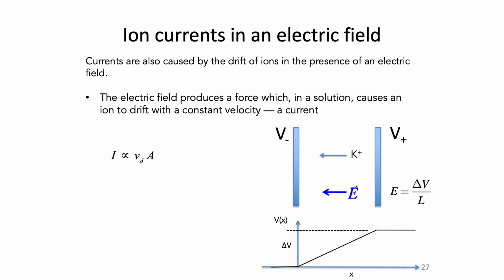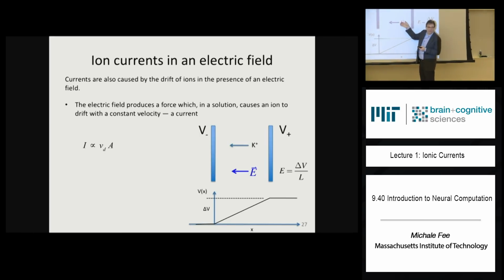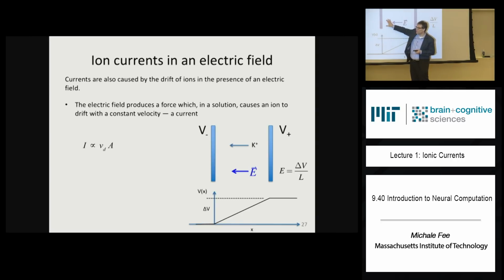I'm going to argue that the current is proportional to the drift velocity times the area. Now, why is that? If I have an electric field, it makes all the particles in this area drift at a constant velocity in this direction, right? So there's a certain amount of current that's flowing in this area right here.